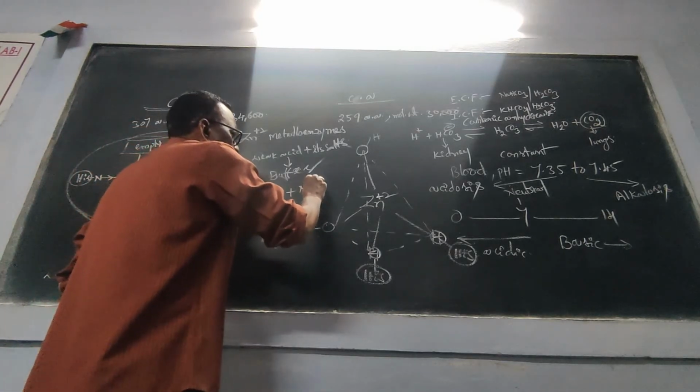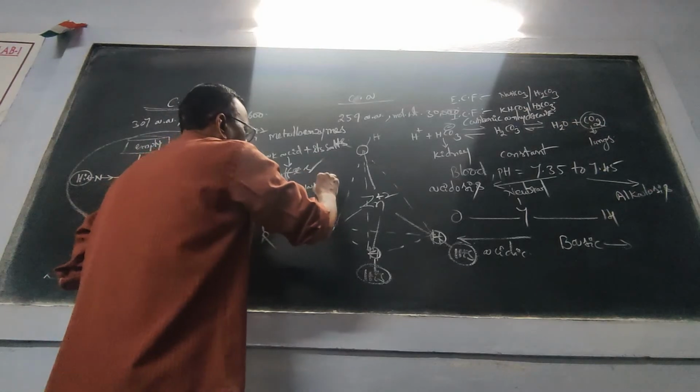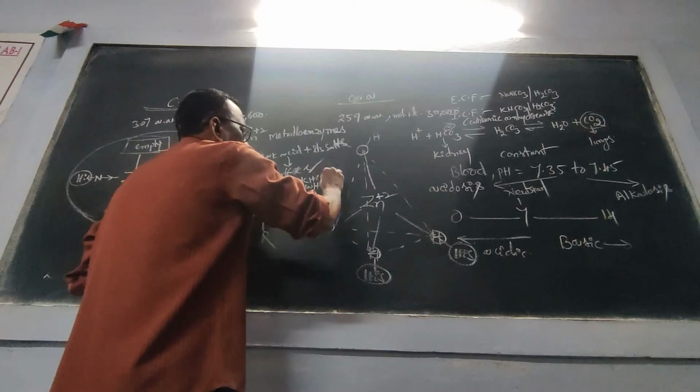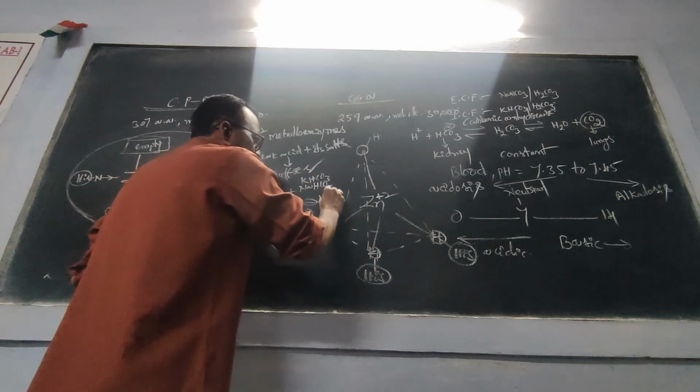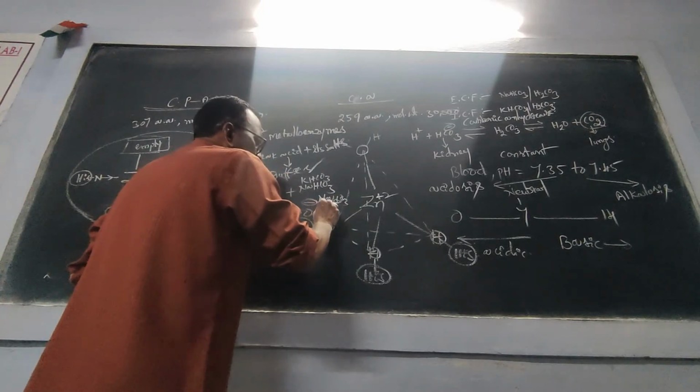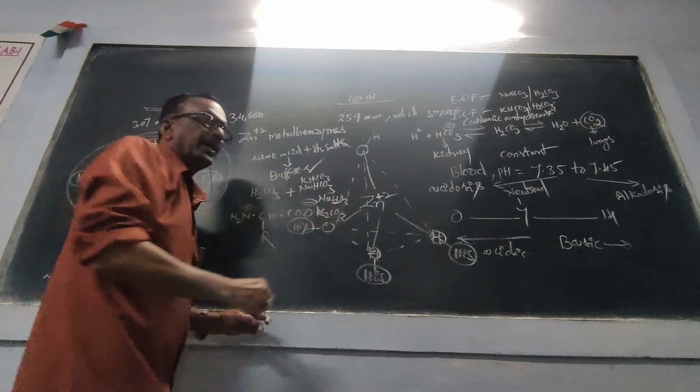Let us take either sodium bicarbonate, that is HCO3, or you can take potassium bicarbonate, sodium carbonate, Na2CO3, that is another salt, then K2CO3, like this.